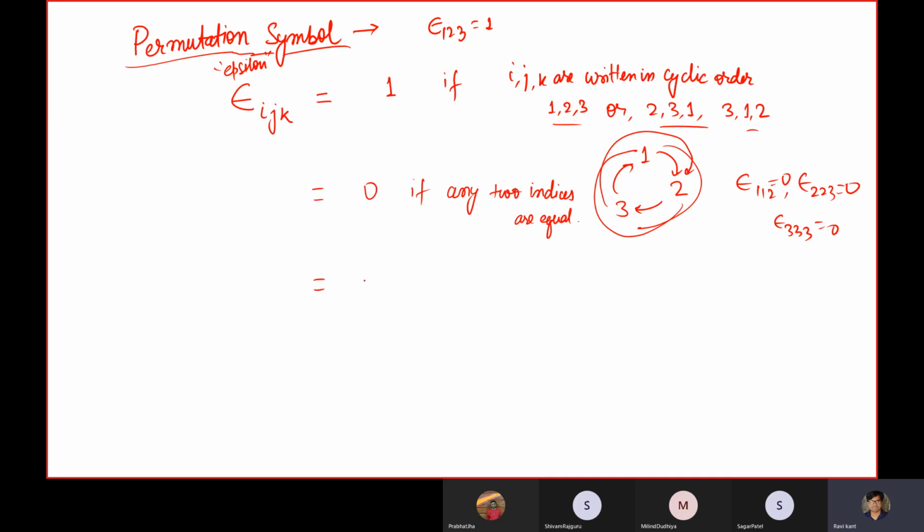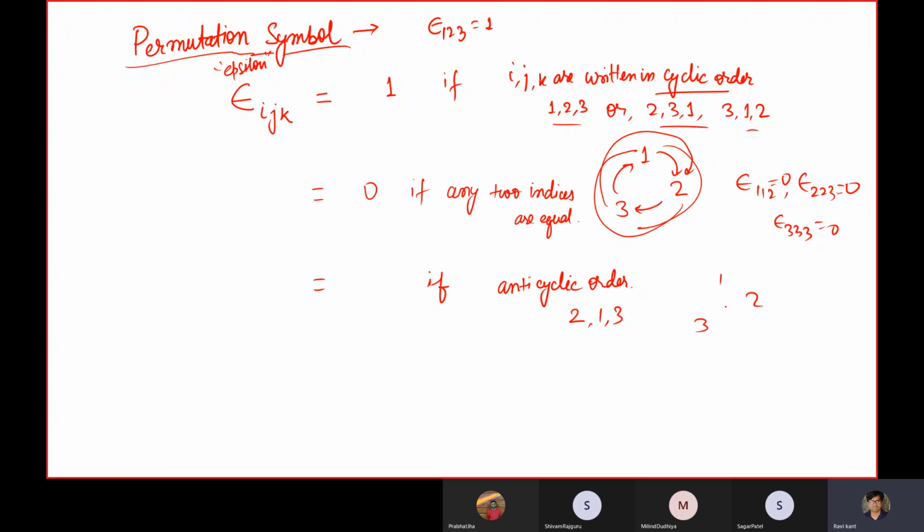Okay, what if no two indices are equal, but it is written in anti-cyclic order? So anti-cyclic means 2 1 3. This is anti-cyclic.